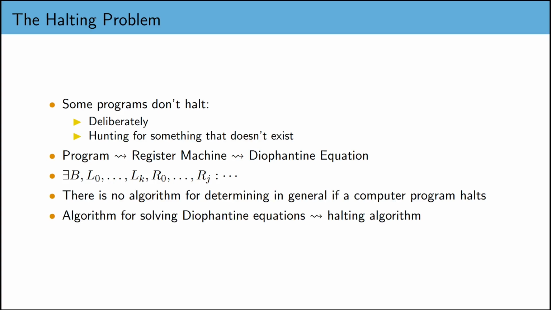And, well, if we had an algorithm for solving Diophantine equations, or even just determining if a Diophantine equation had a solution, we could use it to build one of these impossible halting algorithms. Just translate your program to a Diophantine equation and ask if it has any solutions. So, contradiction. We can't have an algorithm for determining if Diophantine equations have solutions.